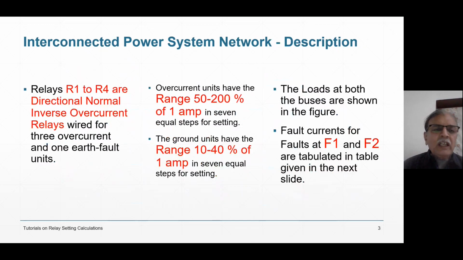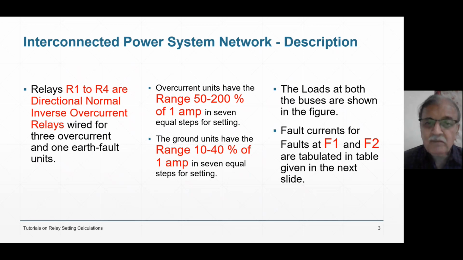So in this interconnected power system, the data is like this: relays R1 to R4 are directional, normal inverse, overcurrent and earth fault relays wired for 3 overcurrent and 1 earth fault scheme. Overcurrent relays we have talked about, 50 to 200% of 1 ampere in 7 equal steps. Right now we are considering only 7 steps.